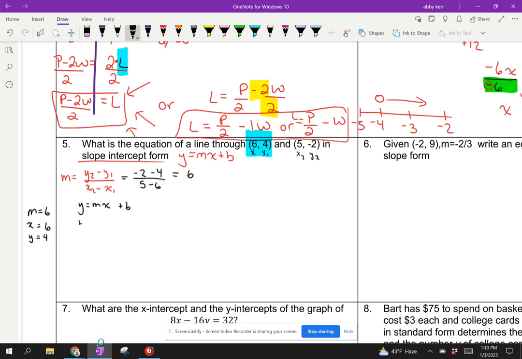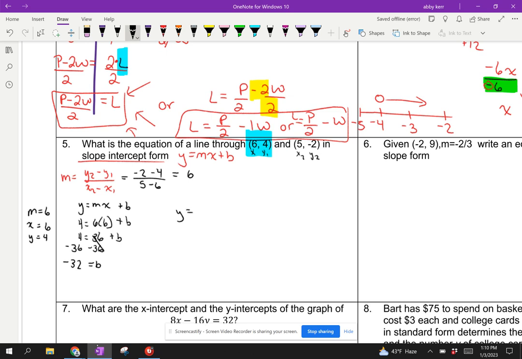So we want to plug in all of those items. And then we actually have to simplify. 6 times 6 is 36. And now to undo a positive 36, we have to minus it. So then we have b equals -32.